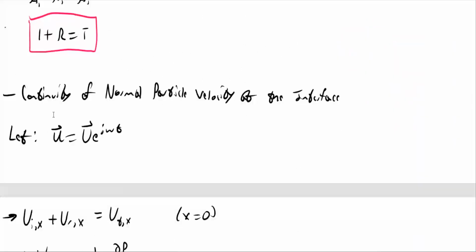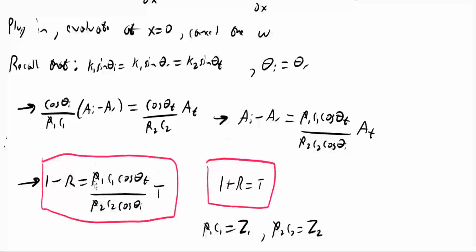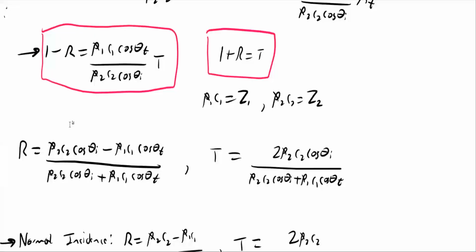Then we used our second boundary condition, the continuity of normal particle velocity at the interface, which allowed us to derive the second equation, 1 minus r is equal to rho 1 c1 cosine theta t over rho 2 c2 cosine theta i times t. That, with our first equation, 1 plus r equals t, allowed us to find our reflection and transmission coefficients, which are given here.